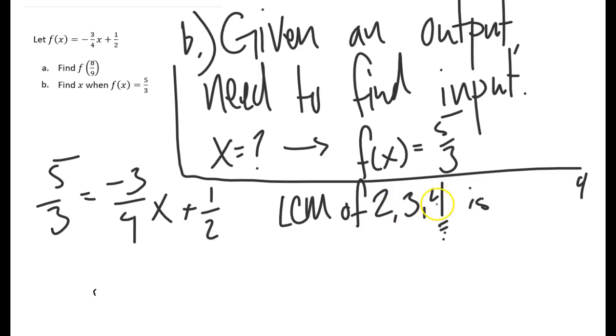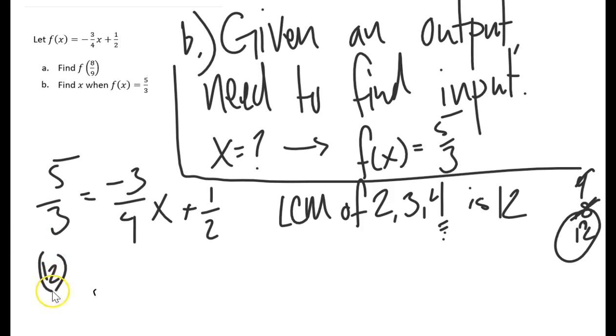This works, this doesn't, this does. The next multiple of 4 is 8. This works, this does not, this does, so it's not going to be 8. The next multiple is 12. And all of these numbers work with 12. So again, my LCM is 12 here.